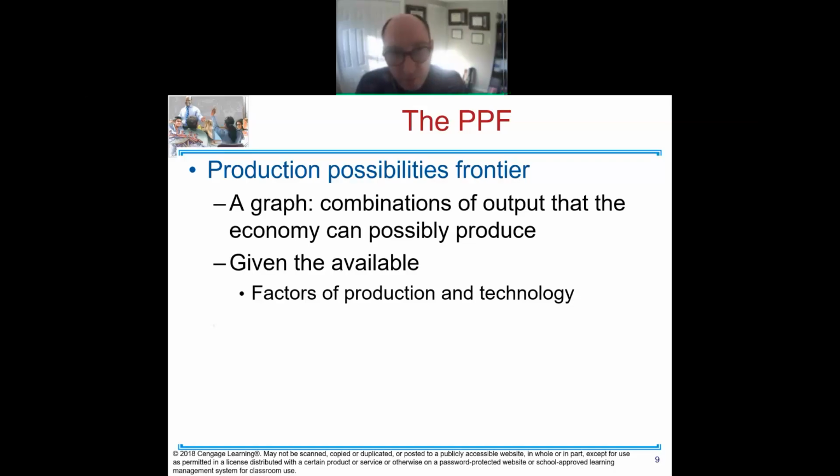The PPF, the Production Possibilities Frontier, is a graph that represents the combinations of output that the economy can possibly produce. Let's break that down a little bit further. There is this thing called capacity. Capacity is the limit of how much we can produce.